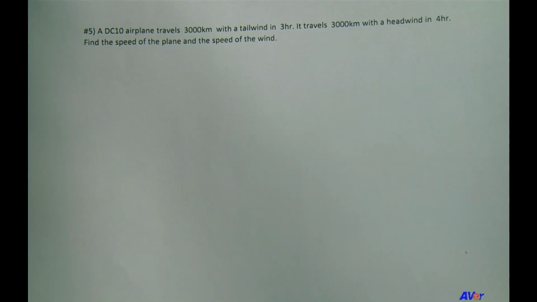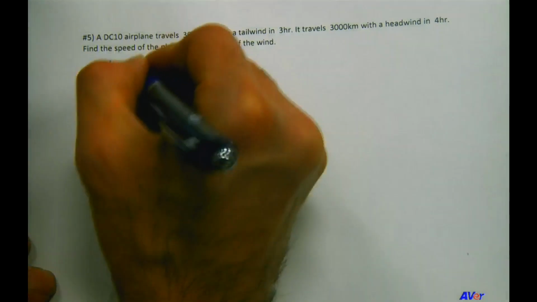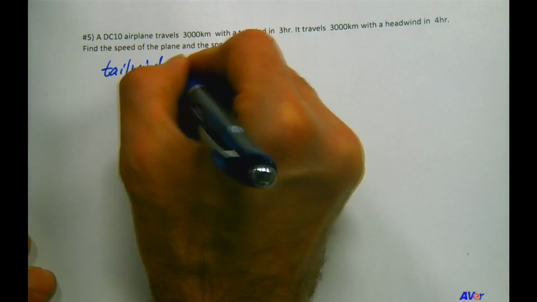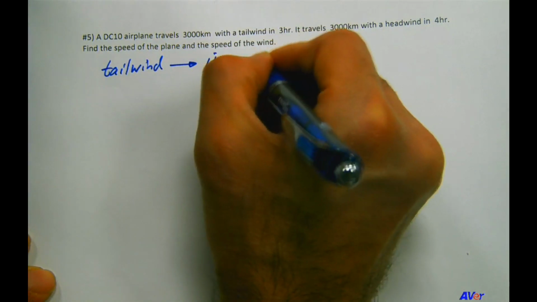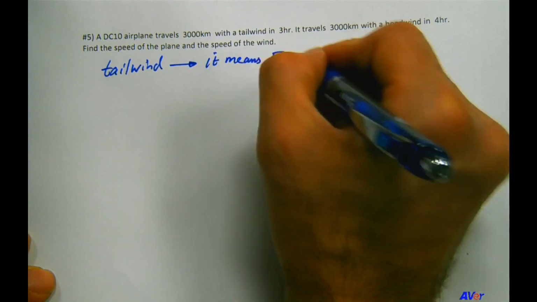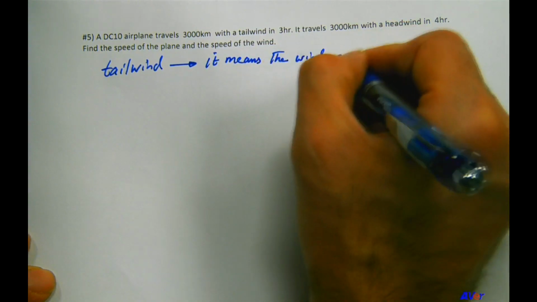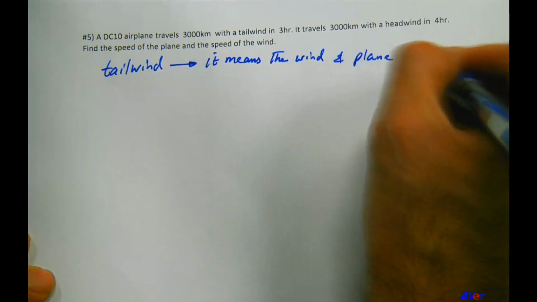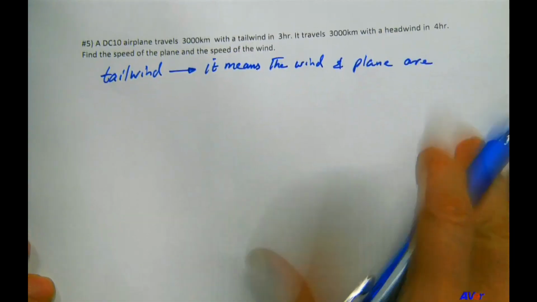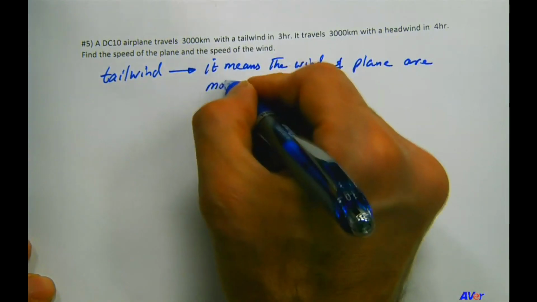So tailwind means the wind and the plane are moving in the same direction.